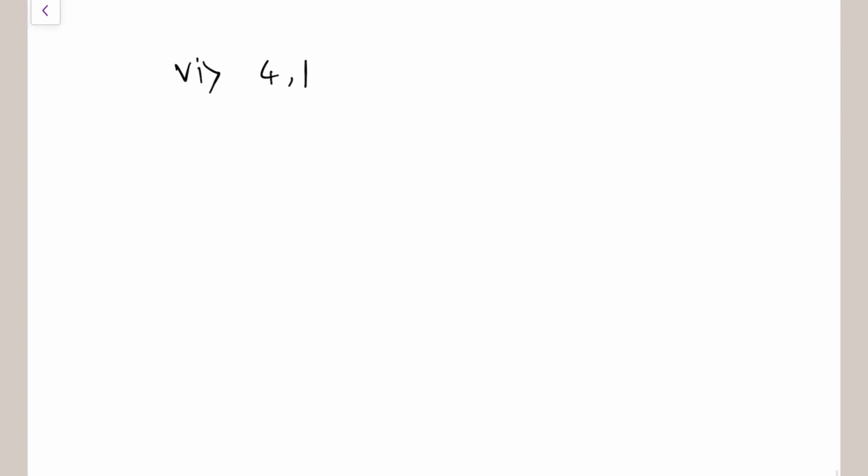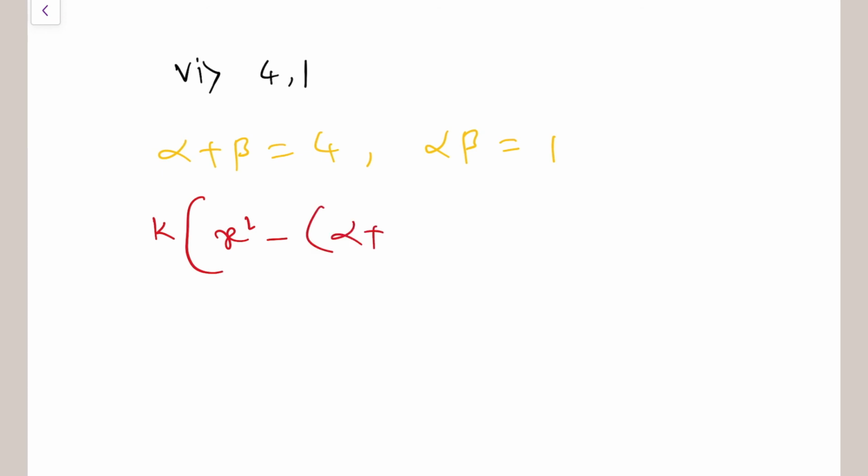Coming to the last question, 4 comma 1. Alpha plus beta value is 4 and alpha into beta value is 1. Our formula is k into x square minus alpha plus beta into x plus alpha beta.